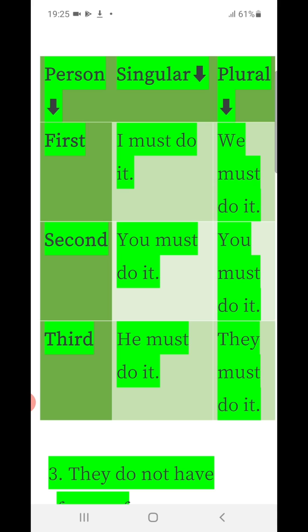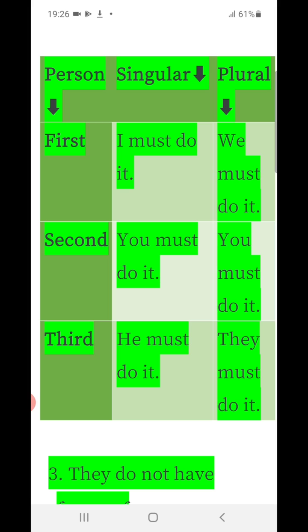First, I must do it, when the subject is in singular form. Next, when the subject is in plural form, we, first person, we must do it.